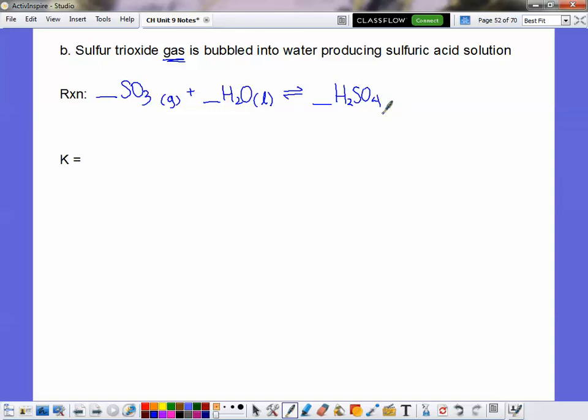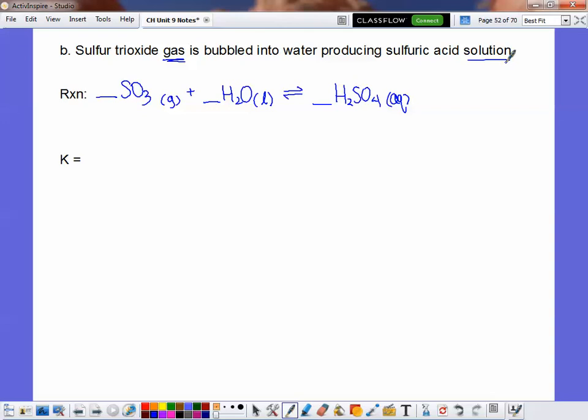Because it was sulfate, because it comes from sulfuric. There's no hydro in front, so it's H2SO4. Make sure you go back and review that Unit 4 stuff. What state of matter? Aqueous, because it's a solution. What are the two states of matter that we're allowed to put in the equilibrium expression?